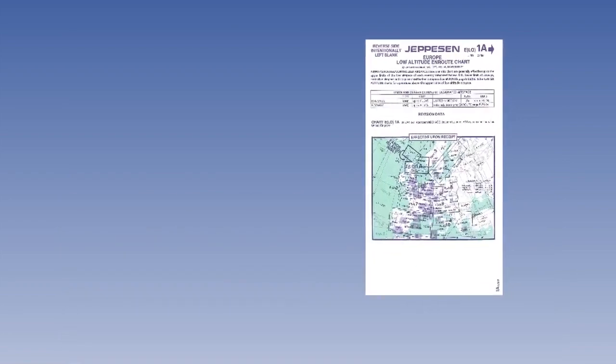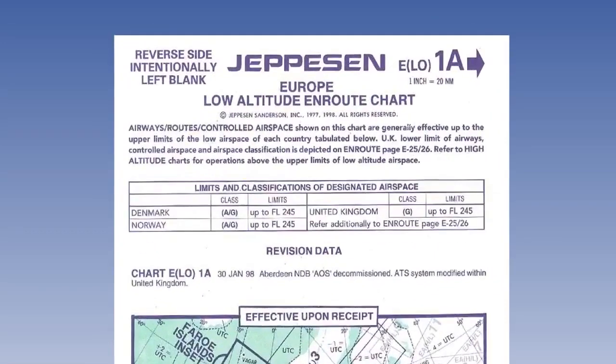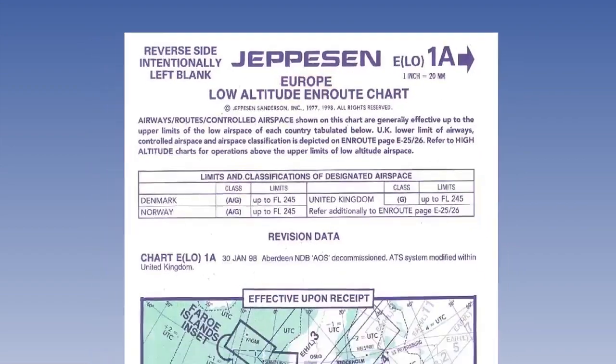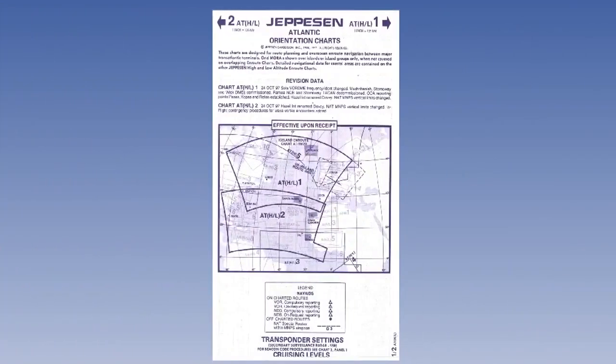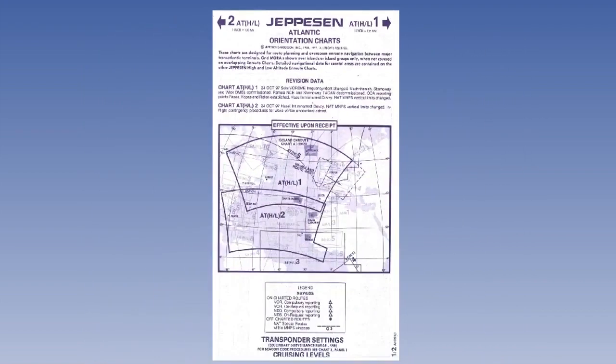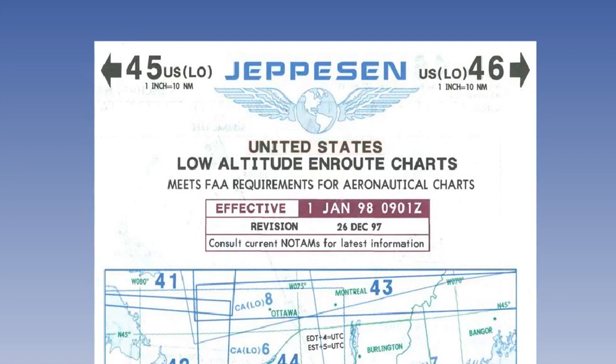Without removing the charts from their pockets, look at the front panel of each to see its area of coverage. You will see that we have charts covering Europe, the Atlantic, and the USA.